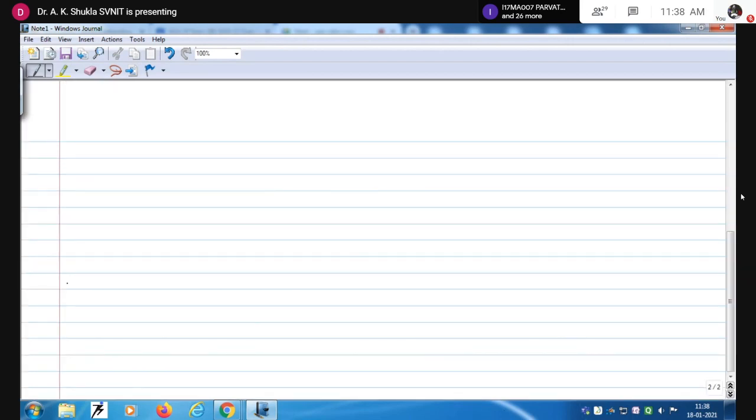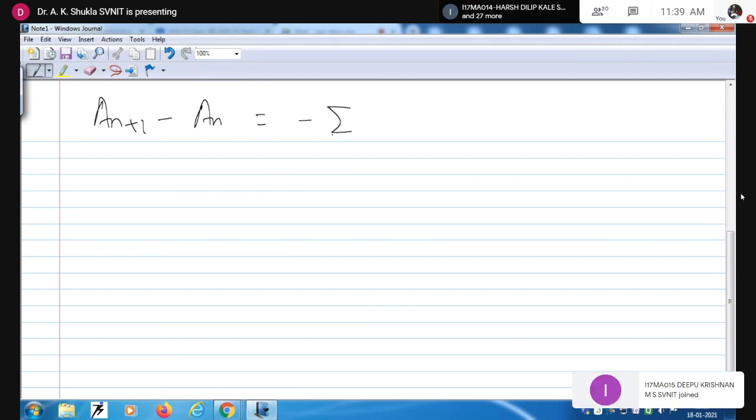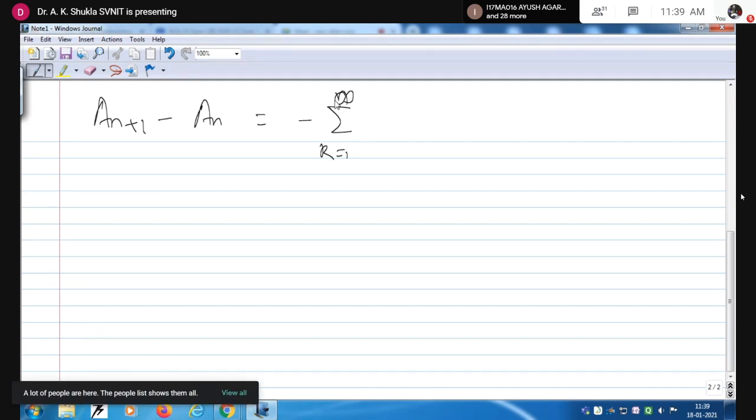That means the behavior of this function, by taking a n plus 1 and a n, which is equal to the summation, k equal to 1 to n, or we can write n tends to infinity. No problem for this.